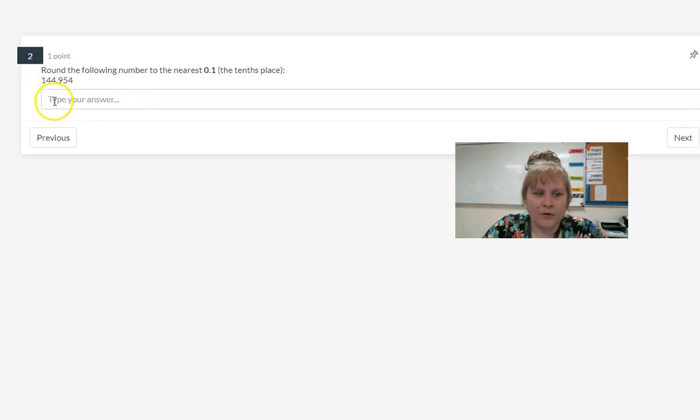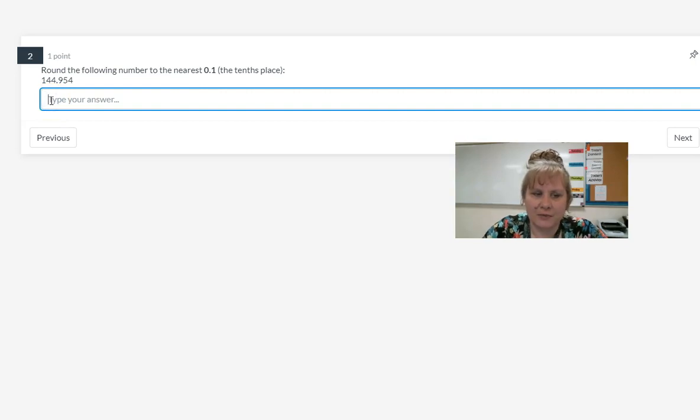And the next one, 0.954 rounded to the tenth place. This is one of those 9s. So we know that the 9 is going to get rounded up, which is going to change the next digit to the left as well. So 1.0. Make sure you put the 0 because that's the place you're rounding to.